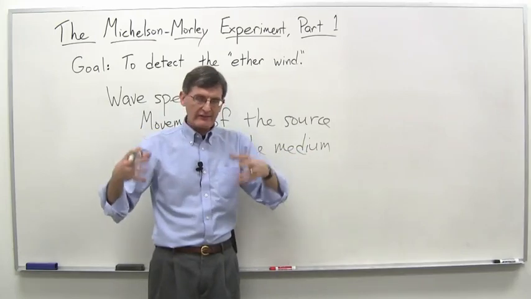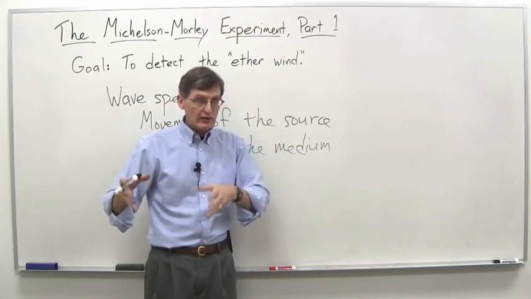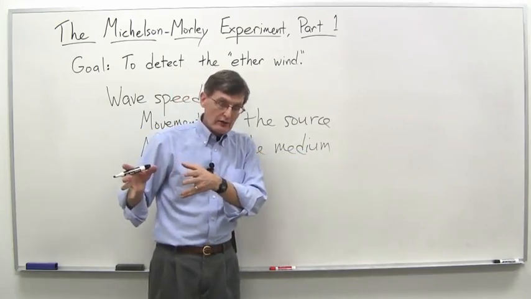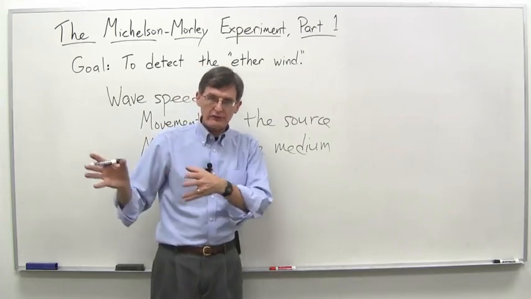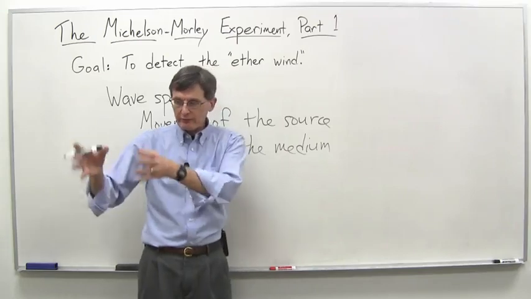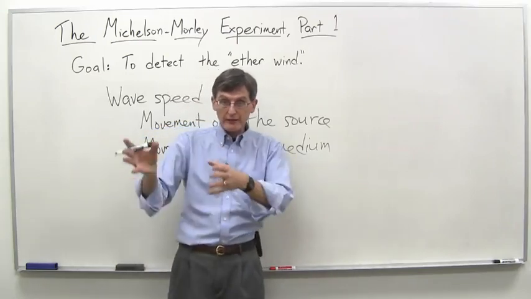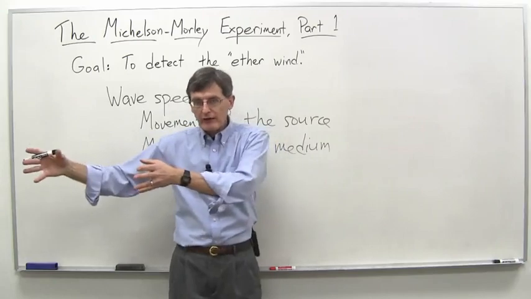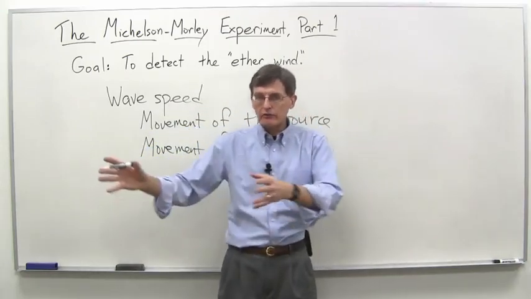If you then take the exact same wave and generate it in a moving water situation, such as a stream or a river, the speed of the wave will be the speed of the wave through the water, of course, through the medium, but then also you have the velocity of the medium adding to the velocity of the wave.